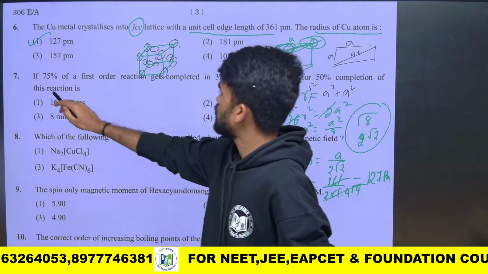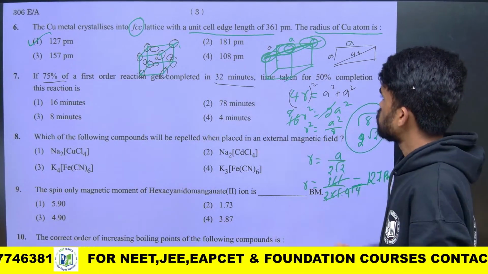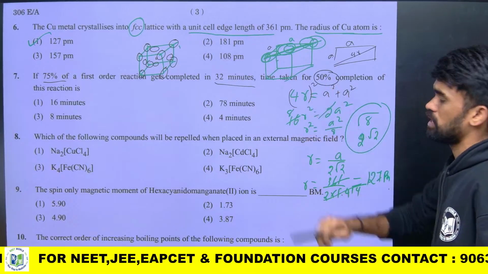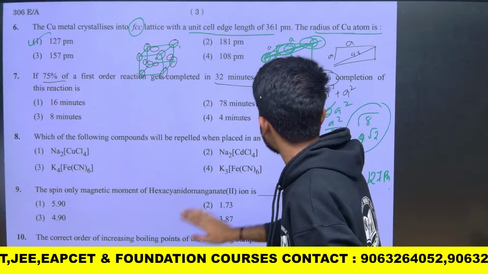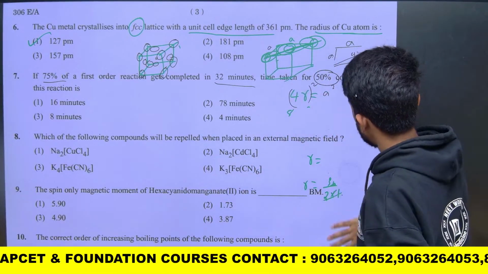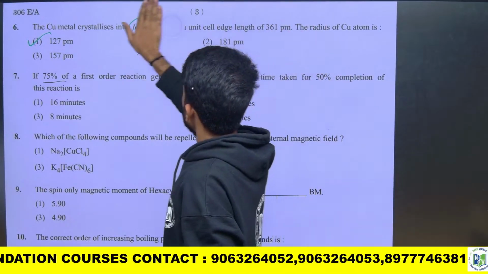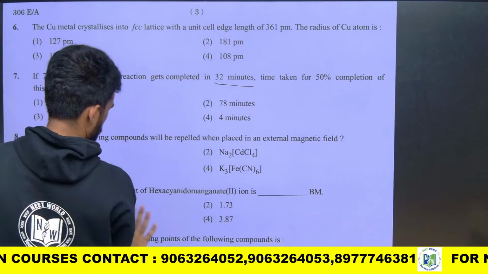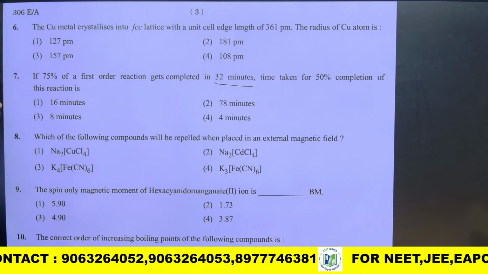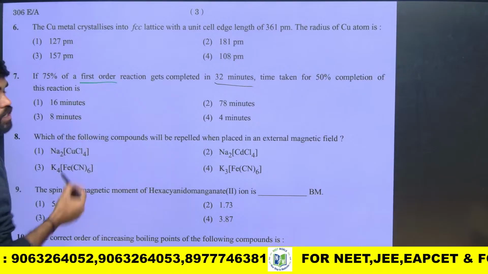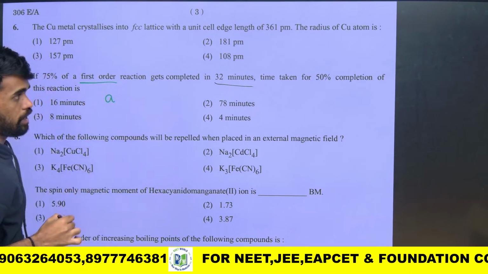Next, 75% of a first order reaction gets completed in 32 minutes. So how can we do it for 50% completion? T50 is what they are asking. Let me erase this first. Look here, for a first order reaction, let A be the initial concentration.